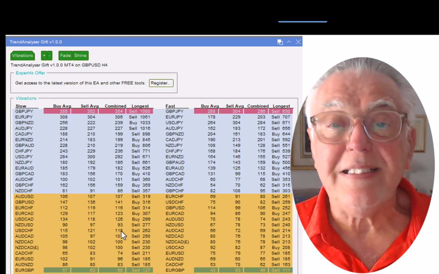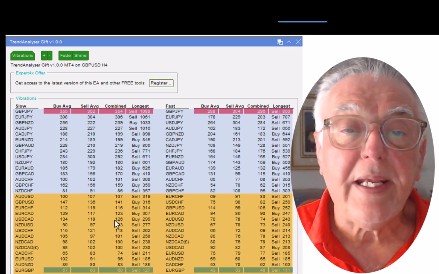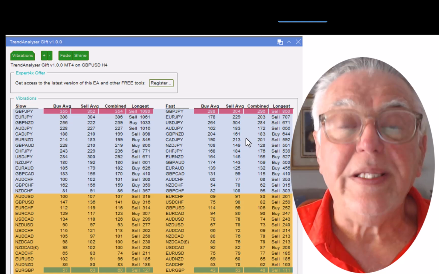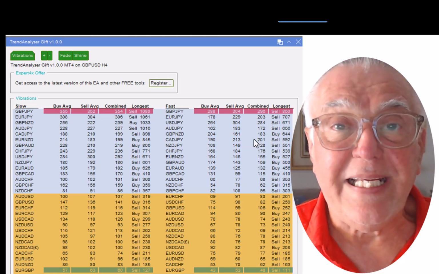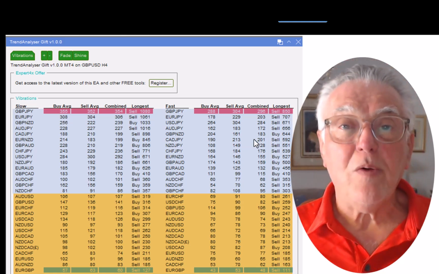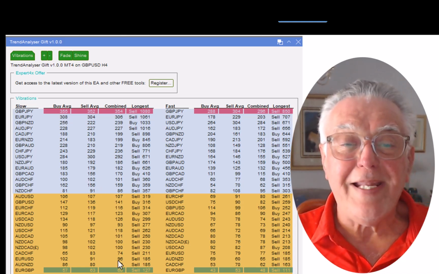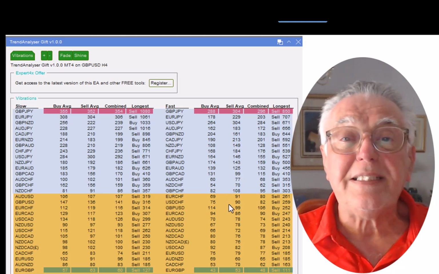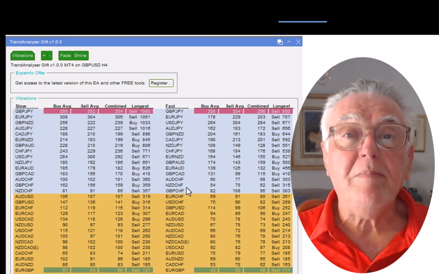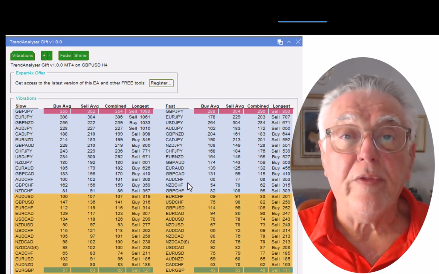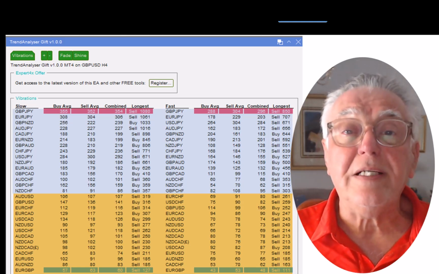Then we've colored these in. These are all the sideways currencies, and these are the trendy currencies. So there we are. Point one is easy to do. You just come here and have a look at these. In fact, you can use these tables as they are, bearing in mind that they have been created on the 1st of August 2024.